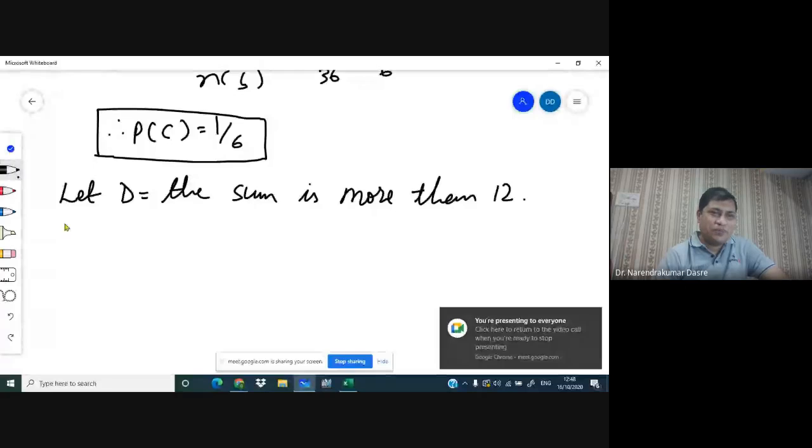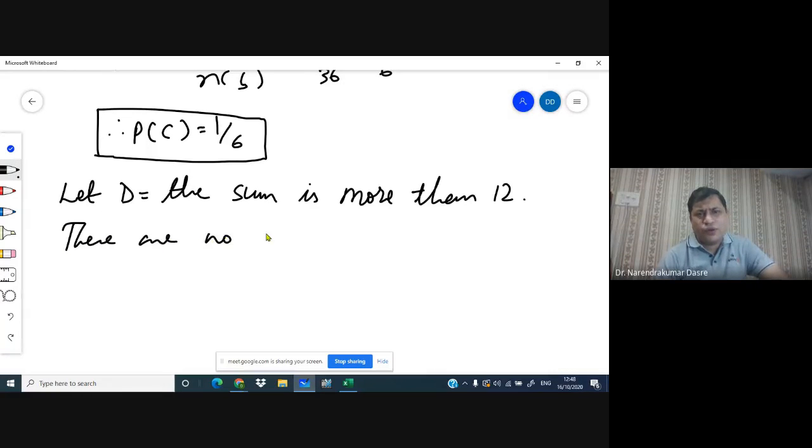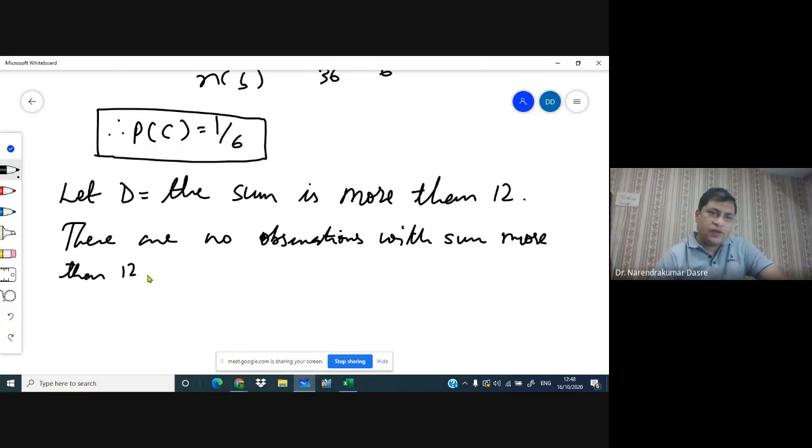There are no observations with sum more than 12, so this event D is a null event.